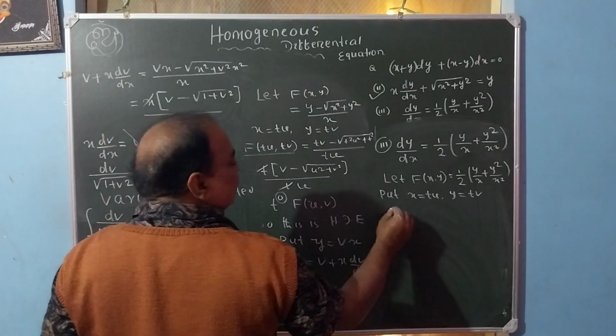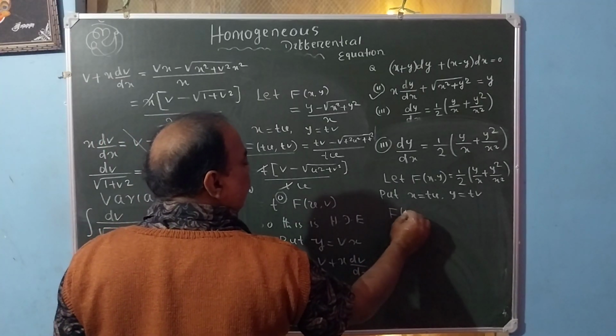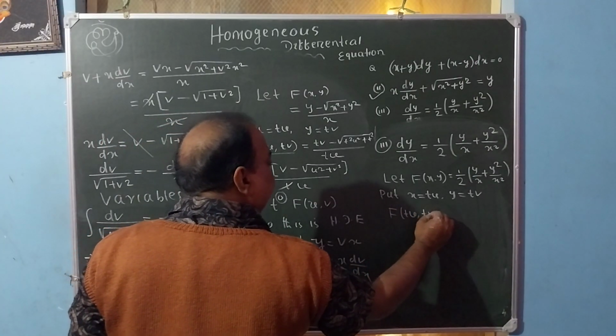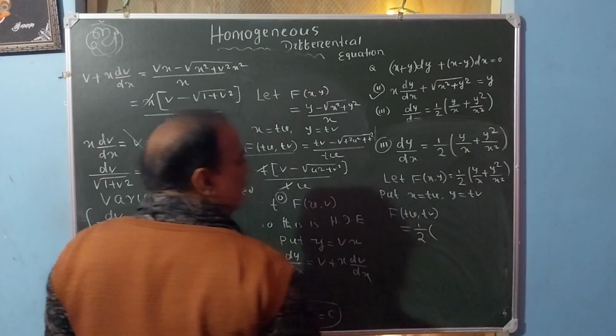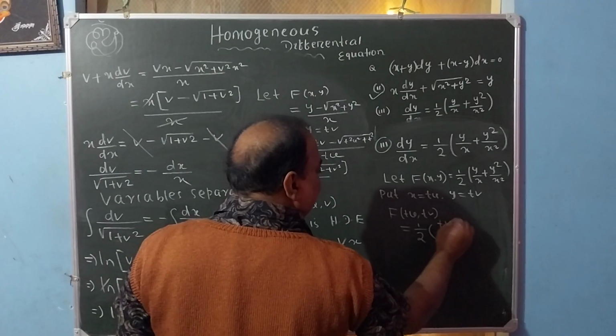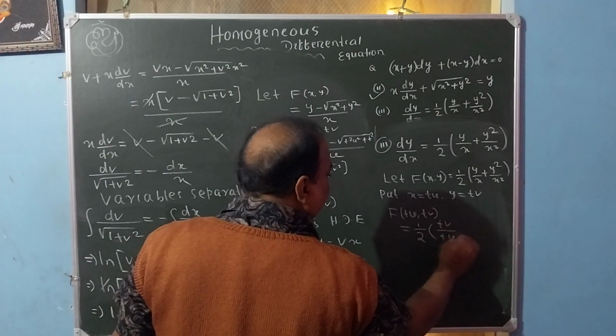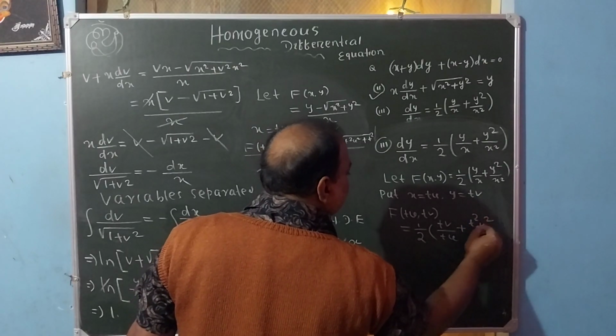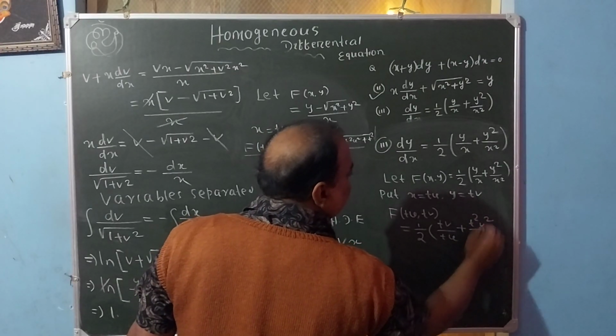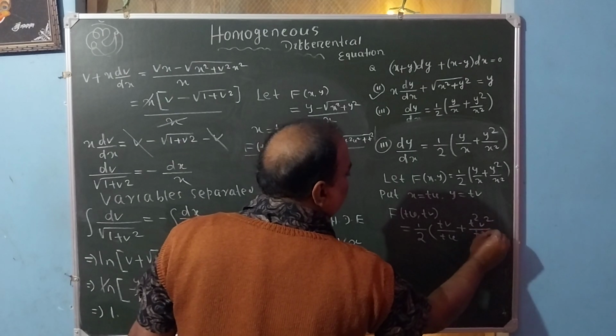So this can be written as f of tu, tv is equal to 1 by 2 tv divided by tu plus t square v square by t square u square.